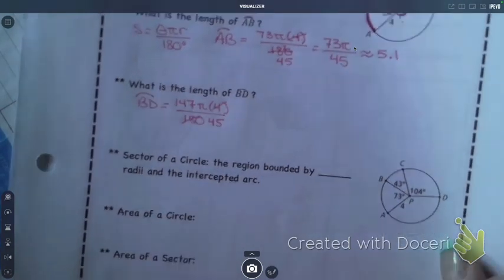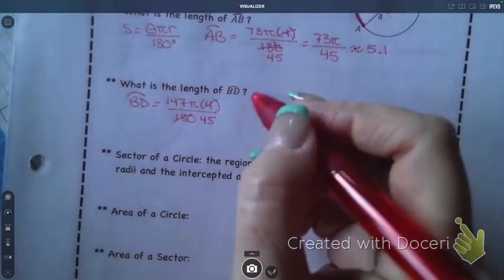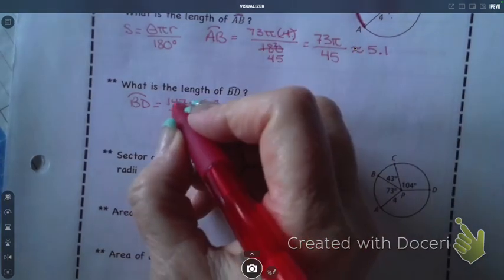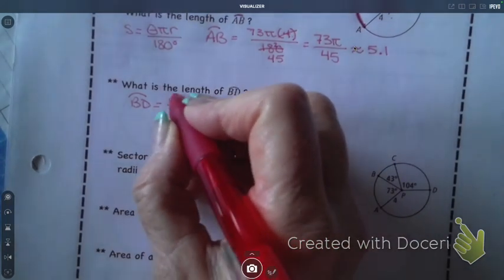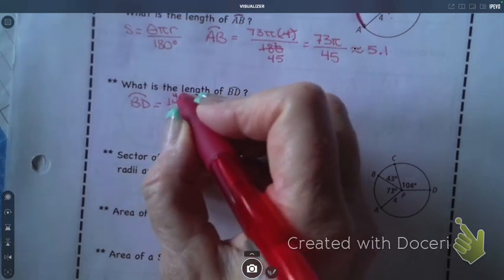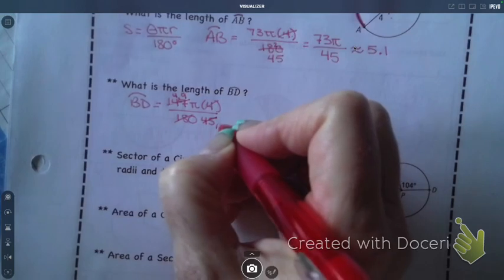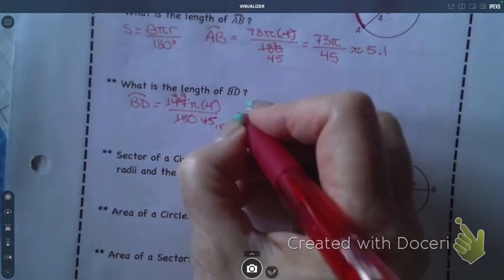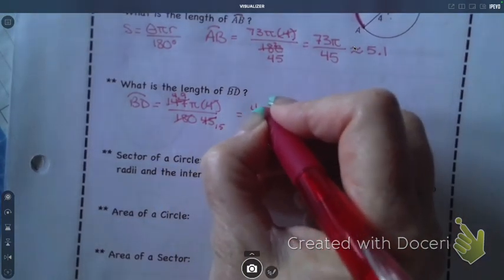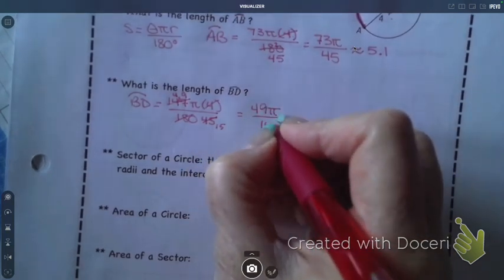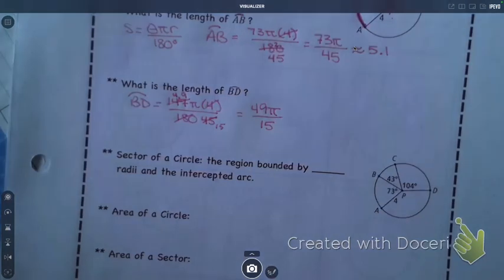It goes into 12 because I added the digits up. I was hoping 9 would, but 9 doesn't, does it? Okay, so 3 goes into 147 49 times, and 3 goes into 45 15 times. So I get 49 pi over 15. And I'm okay with just leaving it like that. If it says to give you a decimal, then put it in a calculator. Okay?